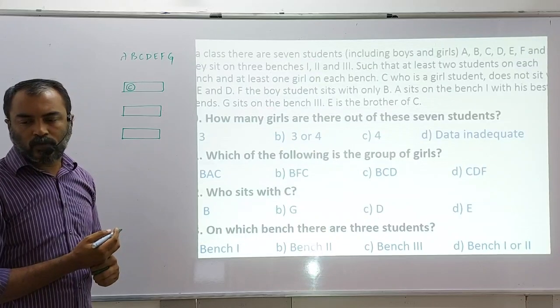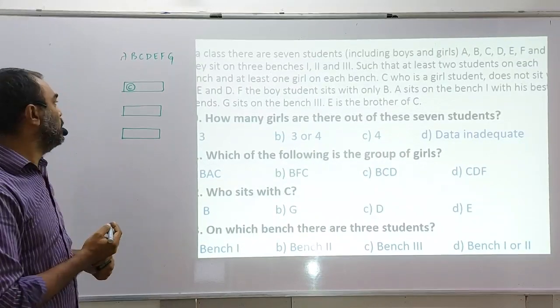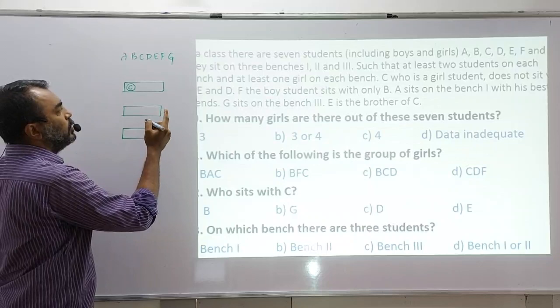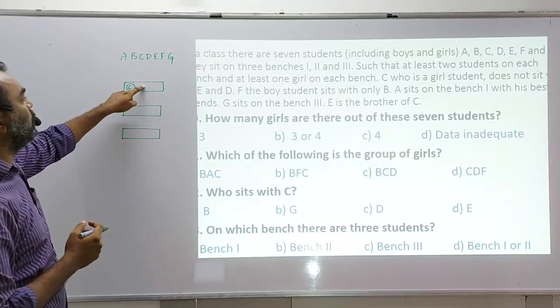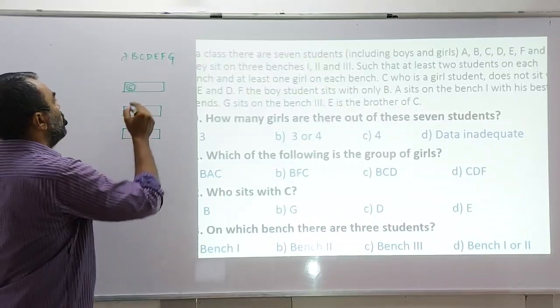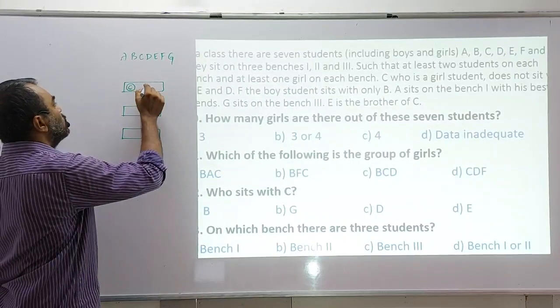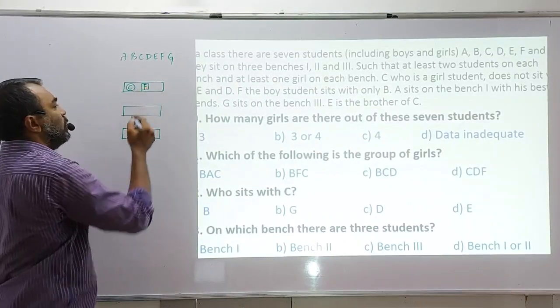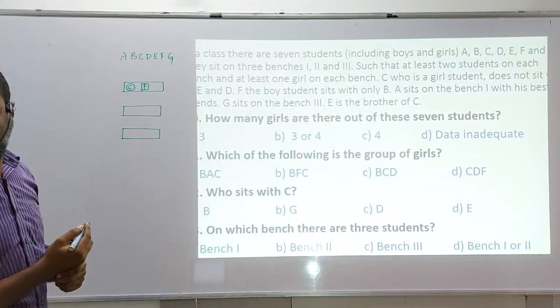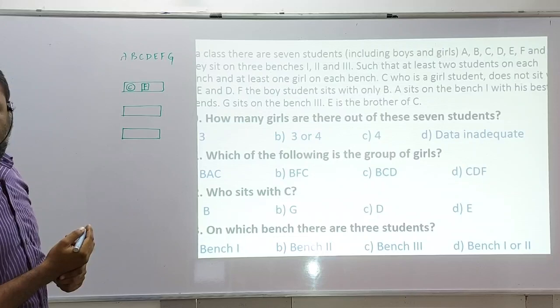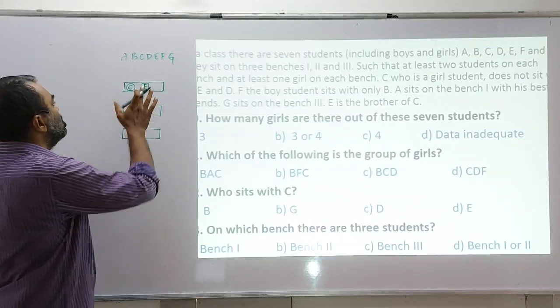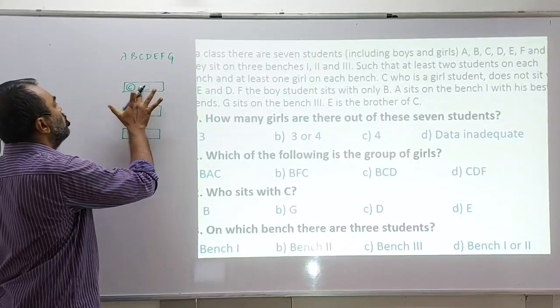F is the boy student, sits with only B. Now F is a boy student who sits with B. I can put F here. Why can I put F here? Because one bench has got 3 students. Only B means there are only 2 people on the bench, not more.